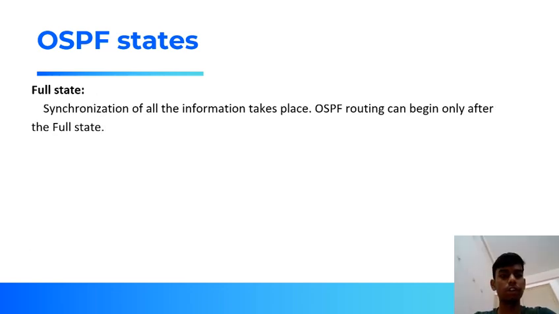After exchanging information in their databases, the routers go into a state called the full state. Here, a full synchronization of all the information takes place. All OSPF routing can begin only after this full state. So in this way, the updating of the routing table takes place when a node goes down in the network.